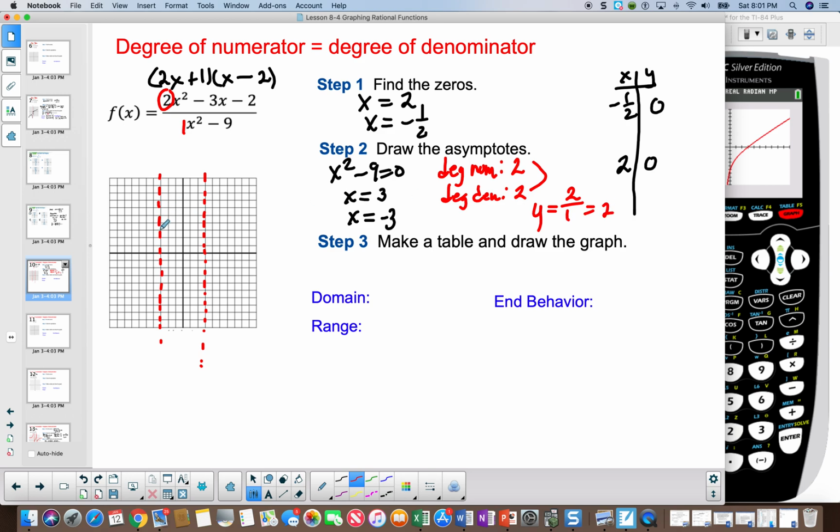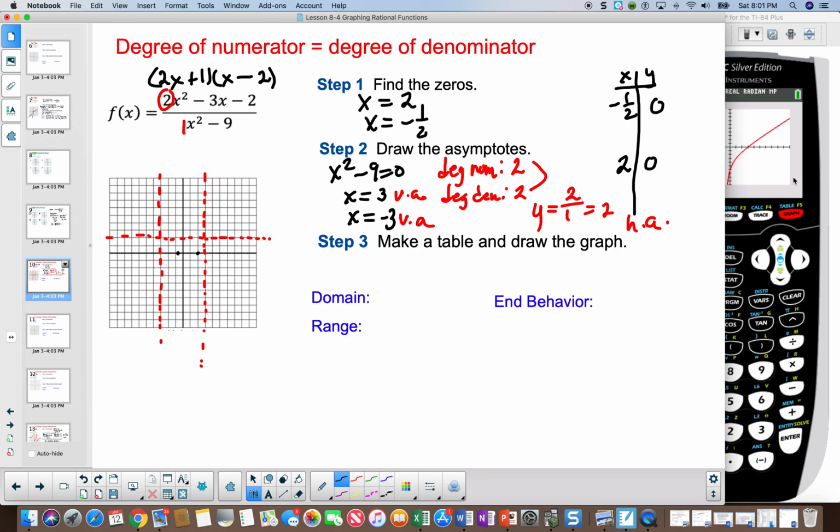So y equal to 2 is going to be a horizontal asymptote. These are both vertical asymptotes, and this is a horizontal one. So I'll go ahead and draw that. These are all going to be clues to how I graph it. -1/2, 0. That's going to be right here, and 2, 0. So I know the graph wants to follow those.